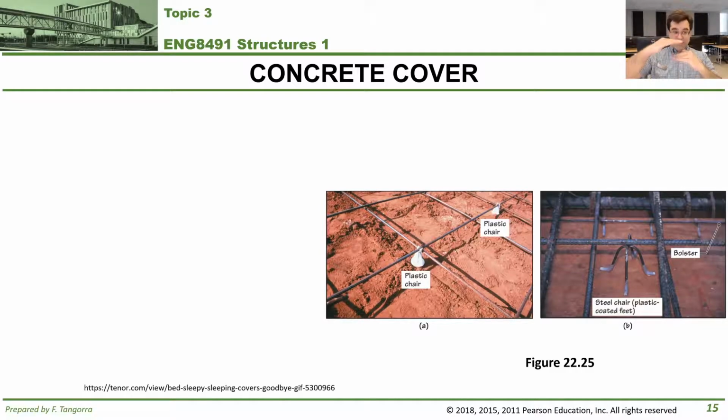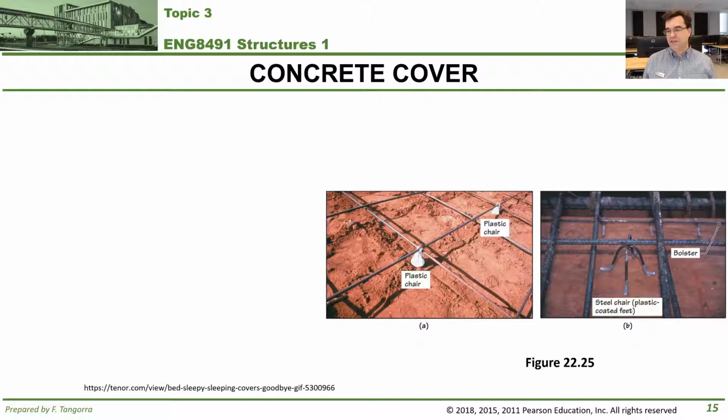So the reinforcing steel in concrete cannot be too close to the surface of the concrete. Otherwise, any moisture, water, or any other type of elements could affect that reinforcing steel, get it to rust, and adversely affect the properties of the concrete and the integrity of your structure.